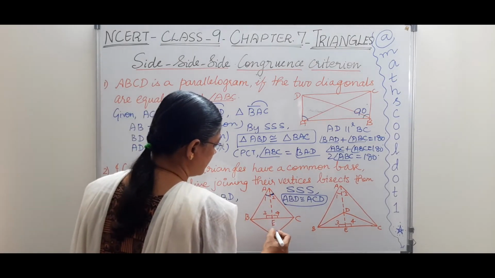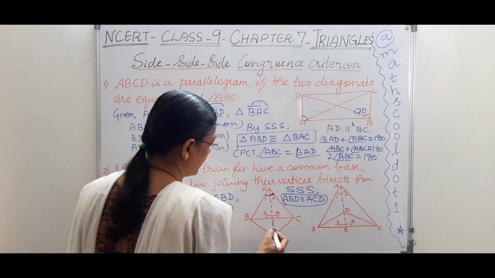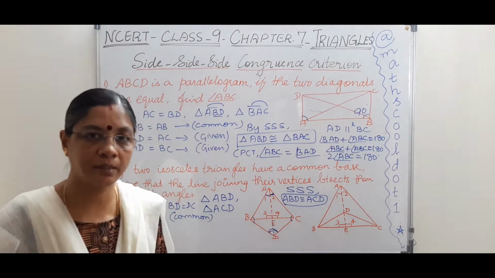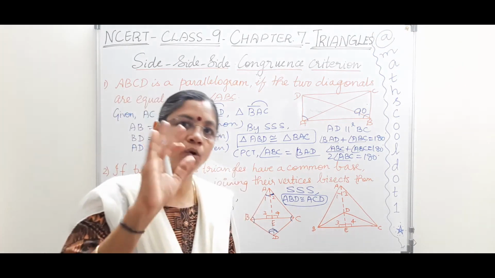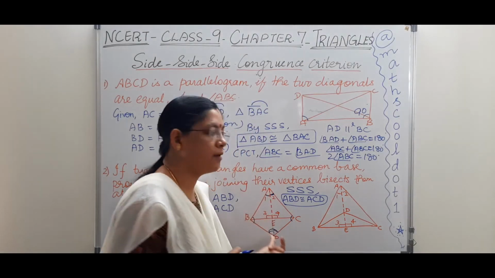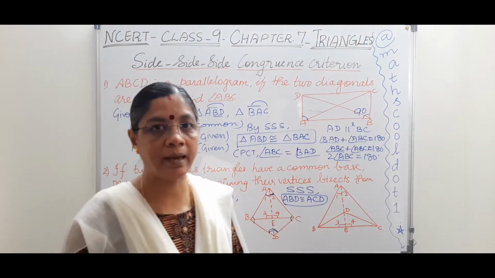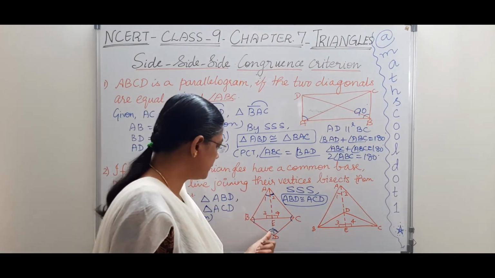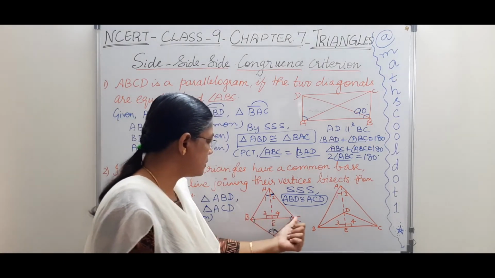And see here, these two angles are also equal, and these two angles are also equal. First we know all the three sides are equal in both the triangles, and now according to CPCT, we have all the corresponding angles equal. See, 1 is equal to 2, and these two angles are equal, and these two angles are equal.